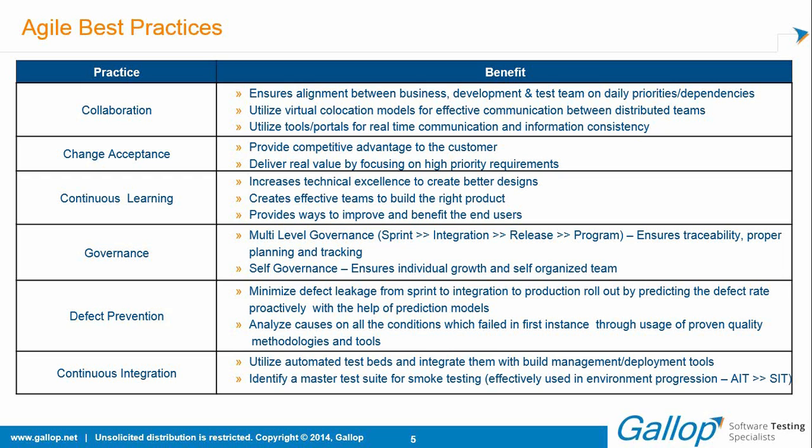So it is very important for them to work in a collaborative way. That is why we have certain tools or portals in place in companies to provide visibility of what is happening in individual teams.